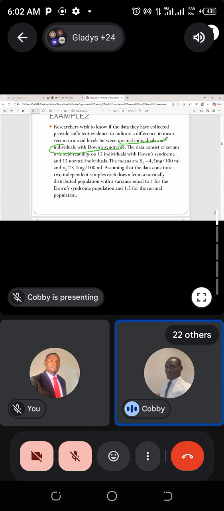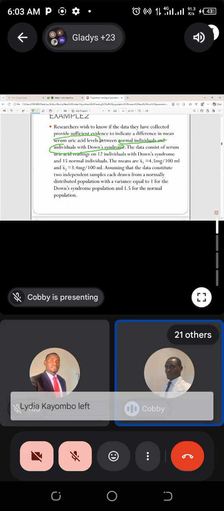So the question is, we want to find out if these people have different levels of serum uric acid. That's what we are going to do when we come tomorrow.